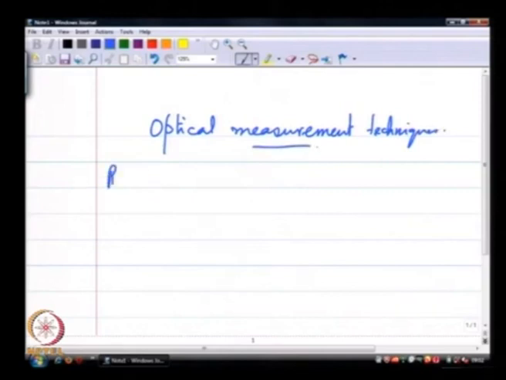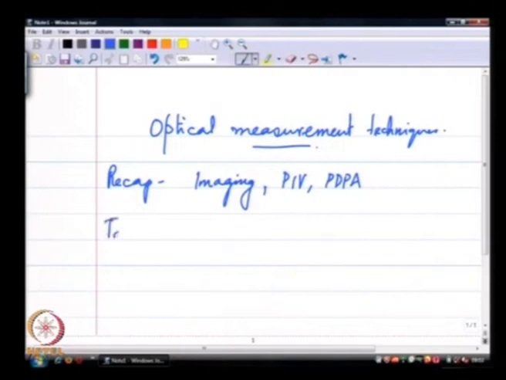Just as a quick recap, in the previous classes we have studied basic imaging, although we did not really look at image processing. We looked at PIV, we looked at phase Doppler particle anemometry, and started to talk about other techniques. Today we are going to discuss three more techniques.